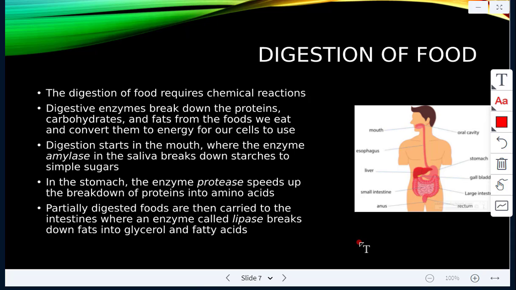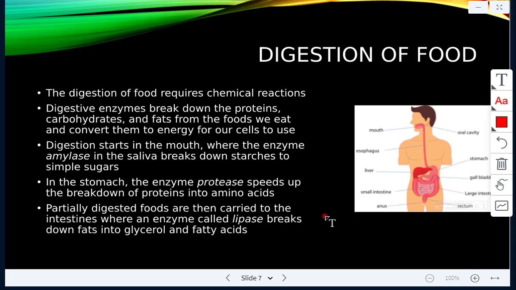Then we get to the stomach. There's another enzyme there called protease, and that enzyme speeds up the breakdown of proteins into amino acids. So proteins start getting digested in the stomach. Then as the food travels to the intestines, that's where another enzyme is.